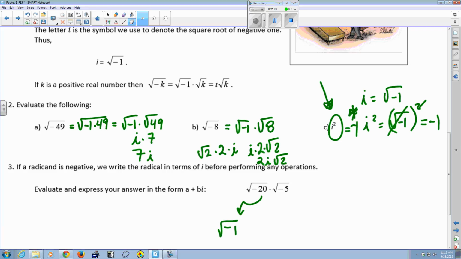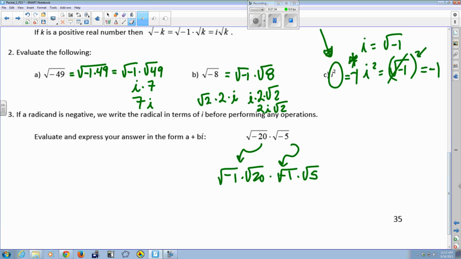square root of -1 times the square root of 20 times the square root of -1 times the square root of 5. Well, square root of 5 is already irrational, so I'm going to make that blue. There's nothing we can do with that. Can we simplify anything else here? Okay, so we get 2i.